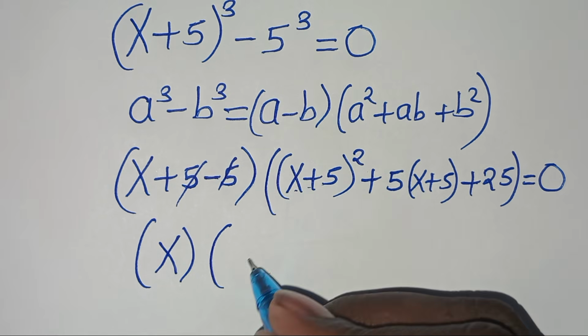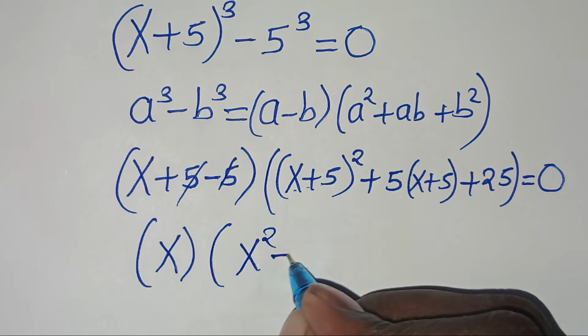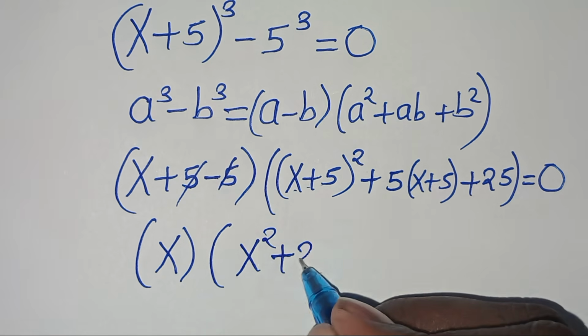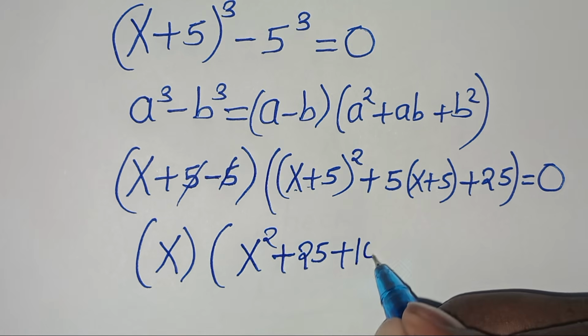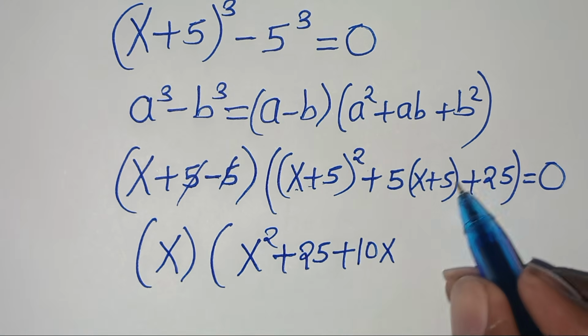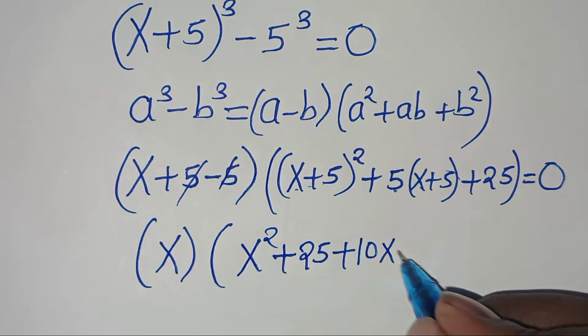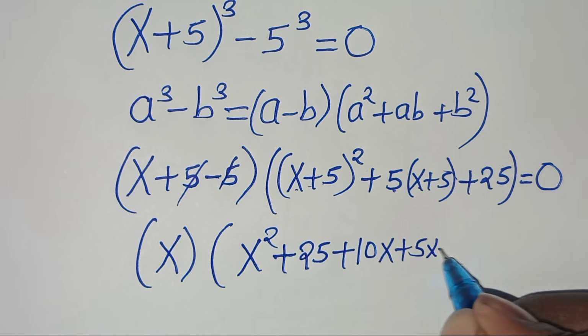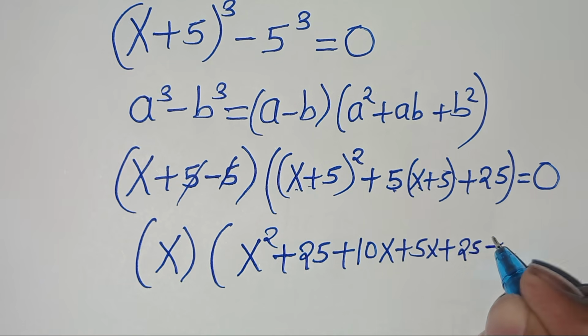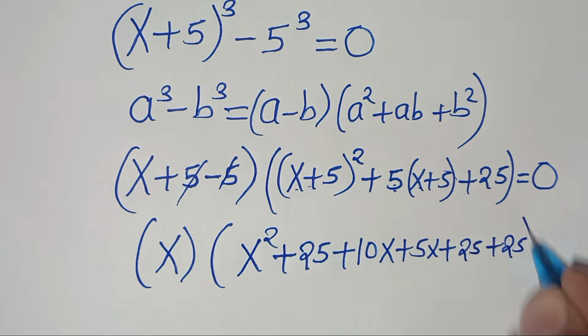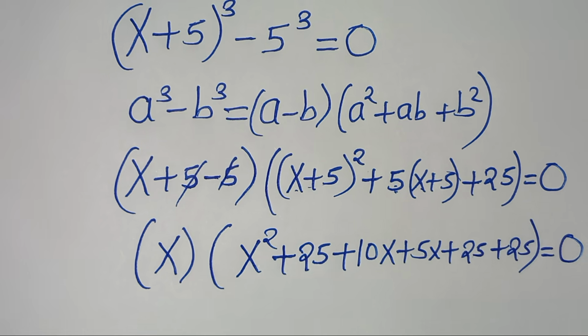Let's expand this. This is x squared plus 5 squared, which is 25, then plus 10x. Let's open the parentheses here: 5 times x, this is 5x, plus 5 times 5, this is 25, then plus 25, this is equal to 0.